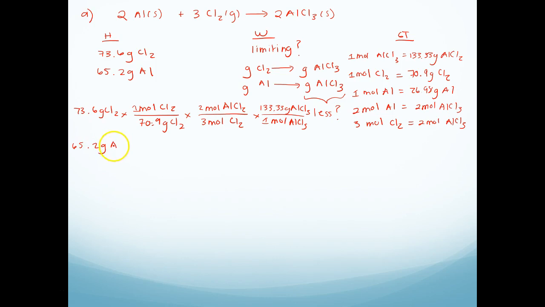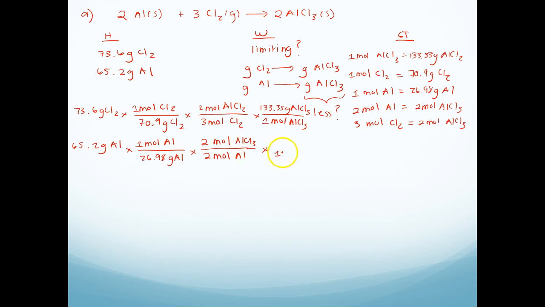65.2 grams of aluminum, and for every 1 mole of aluminum, it weighs 26.98 grams. We need our mole ratio next. Even though it's 1 to 1, 2 moles of aluminum is going to produce 2 moles of aluminum chloride.